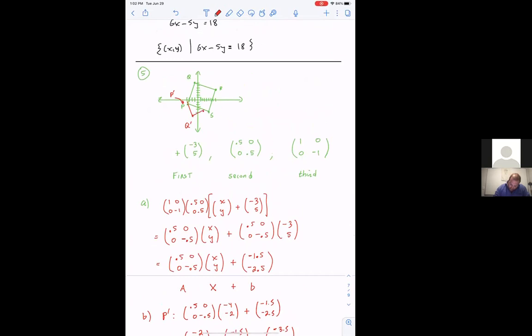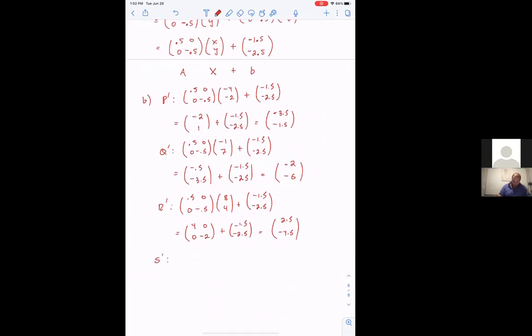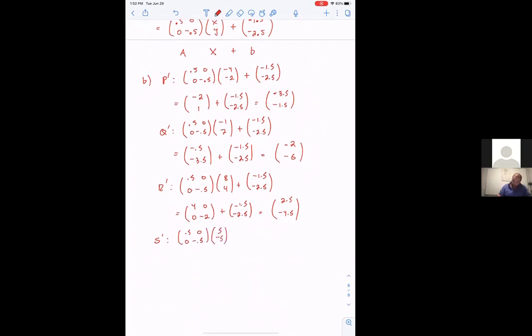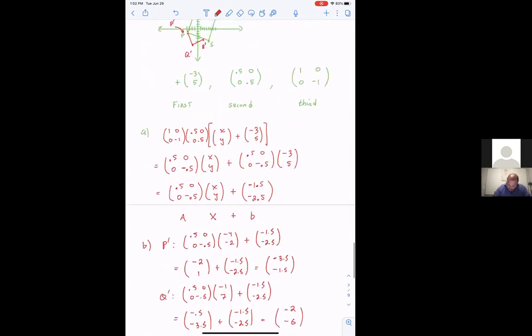That's my R'. And then finally, we have S', which is [0.5, 0; 0, -0.5] times (5, -5), plus (-1.5, -2.5). And we get (2.5, 2.5) plus (-1.5, -2.5). And that gives me (1, 0). And (1, 0) is there.